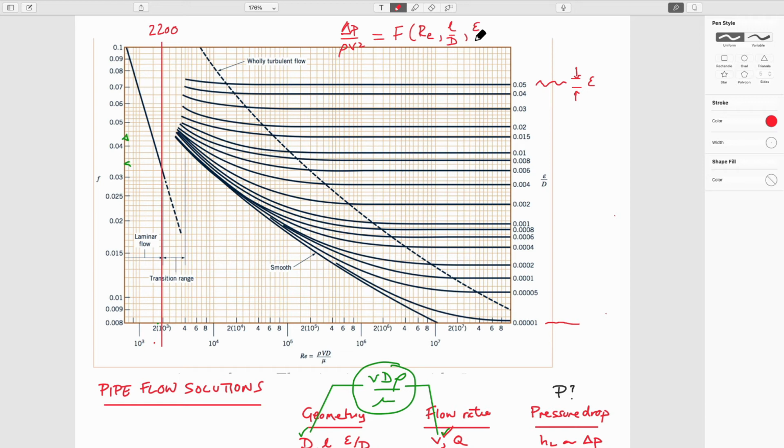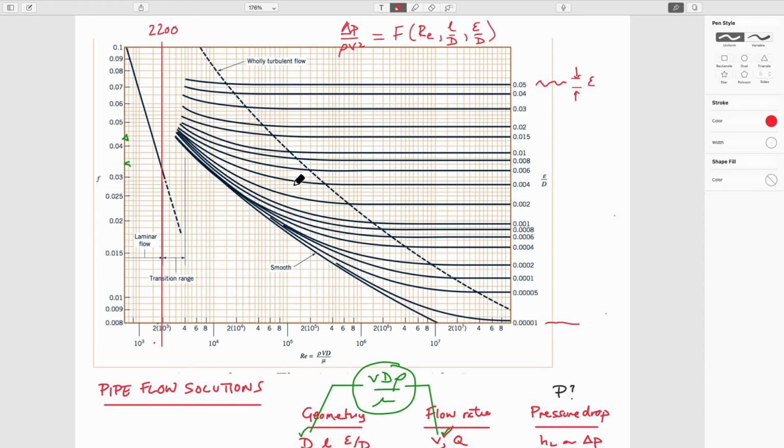Last time we went through the idea that if we have 7 variables, pressure, length, diameter, roughness, velocity, viscosity, density, I think they probably were, then we can divide those 7 variables with 3 dimensions, mass, length, and time, into 7 minus 3, or 4, dimensionless variables. And those dimensionless variables are replicated in an Euler number, a Reynolds number, and 2 characteristic dimensionless lengths: length to diameter of the pipe and the relative roughness.